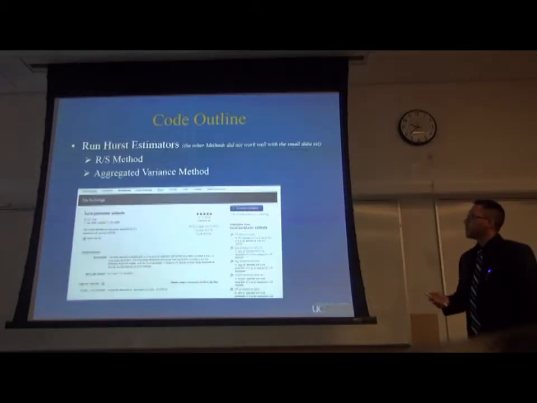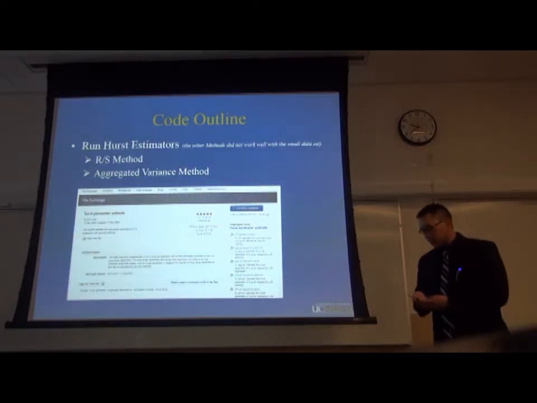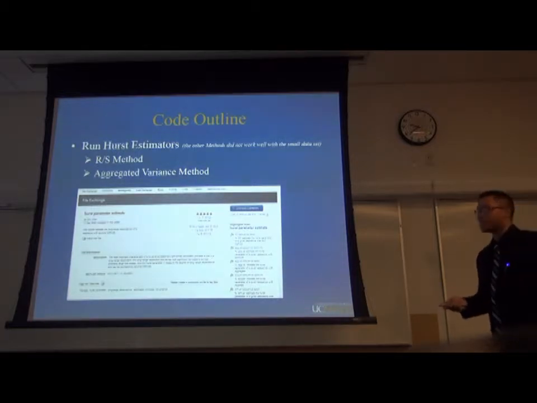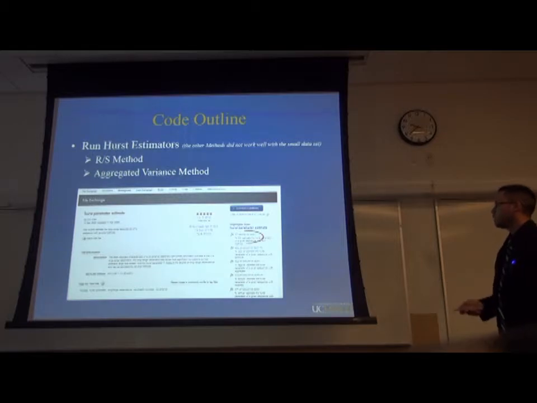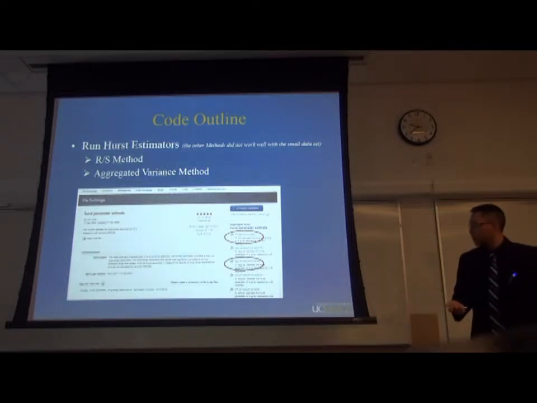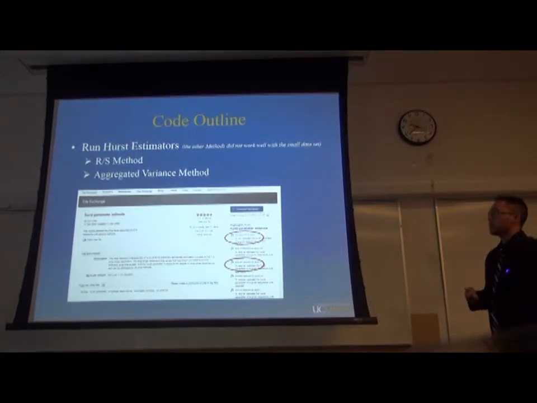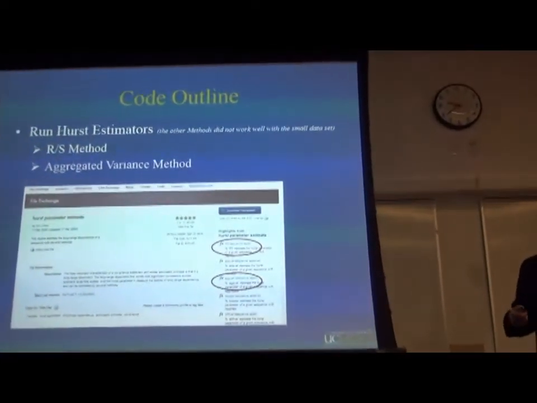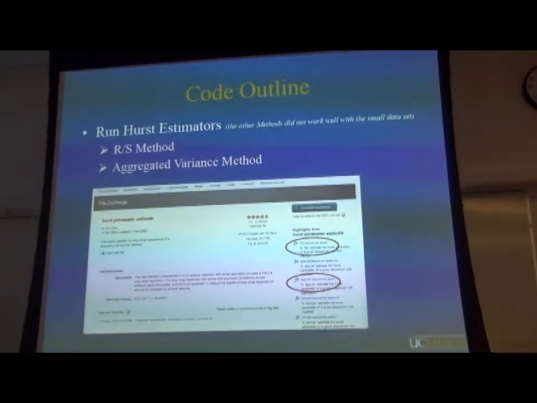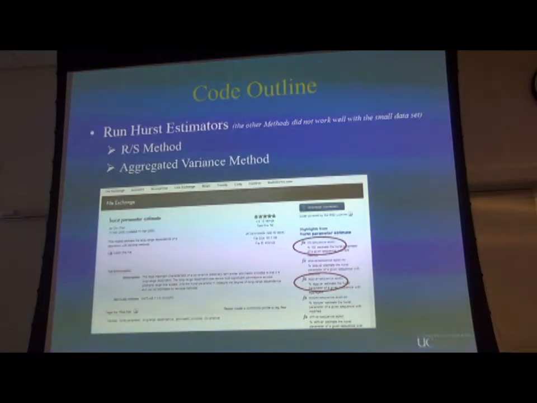I basically use the Hurst estimator from lab 3 in this class. I mainly use the R/S, the most commonly used one in a lot of research articles that I've read, and then the aggregated variance method. It's also called the time variance method in the graphs, because that's how the graphs are labeled from the user.